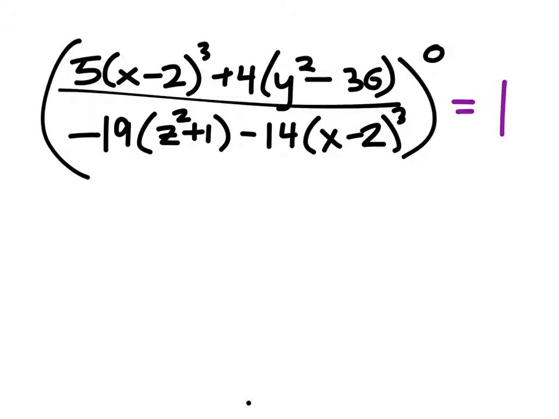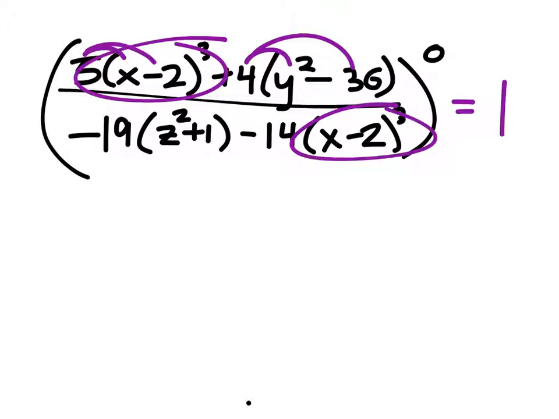So be careful. Sometimes we start distributing stuff where we shouldn't anyways, or multiplying stuff together right there or right there, or canceling stuff we shouldn't in improper places. When in actuality, all we need to do is look at the exponent, which is 0, so we know the answer is 1.